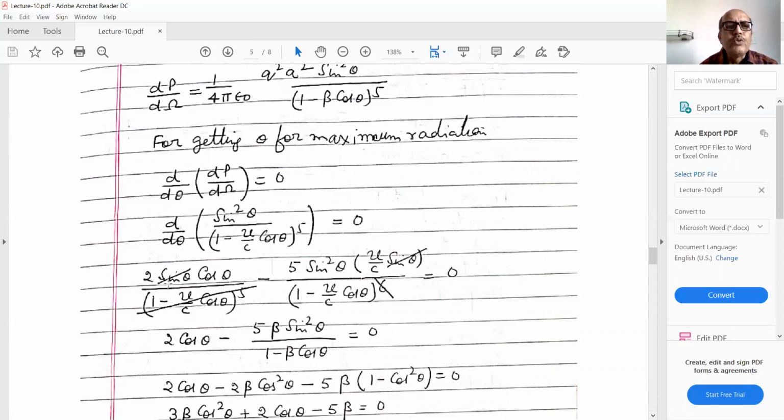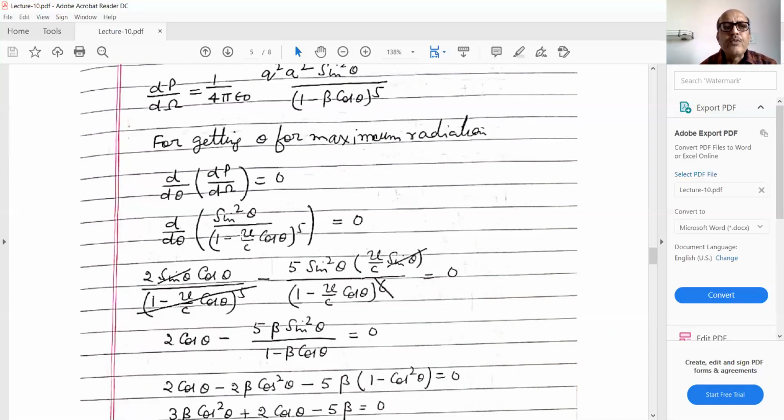It gives us 2 sine theta into cos theta. Secondly, I retain sine square theta as it is. Now I differentiate 1 upon 1 minus v upon c cos theta to the power of 5. So minus 5 comes to the numerator, and then this to the power of minus 5 minus 1 becomes 1 minus v upon c cos theta to the power of 6.